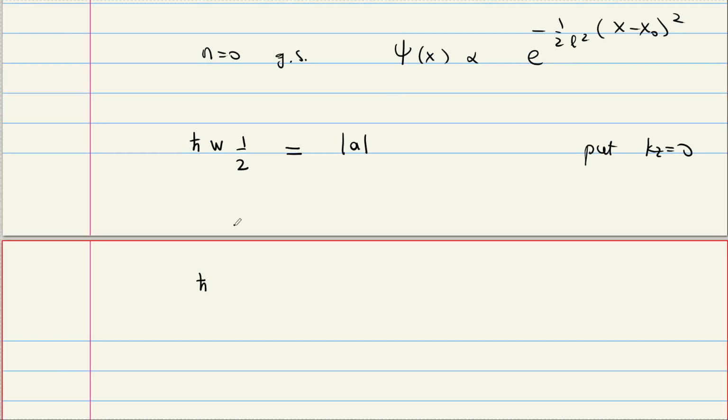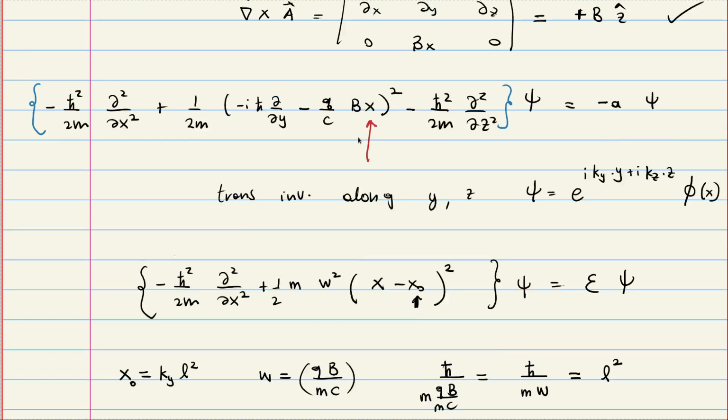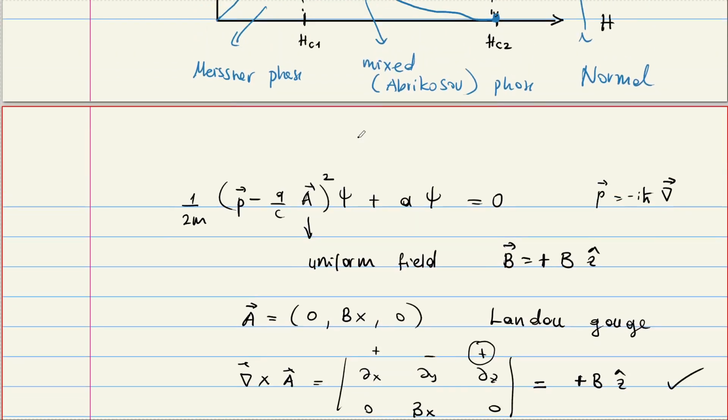Now I want to write what this thing is. So h bar omega is qB over mc, times 1/2, is equal to A. Let me write it like this. But we said A was negative. Yes, right, because we are inside the superconductor.